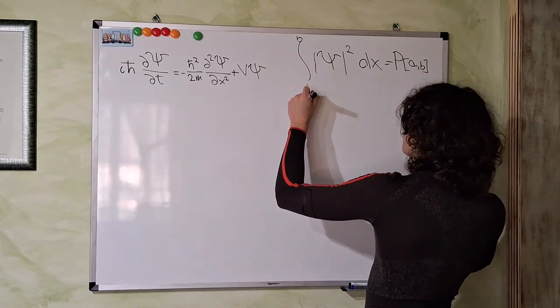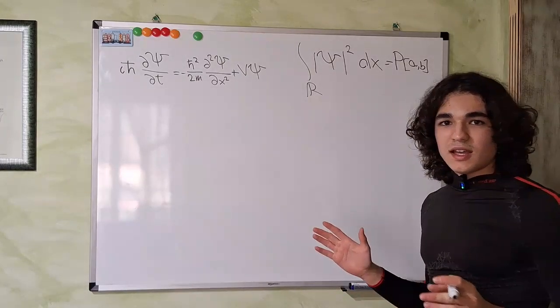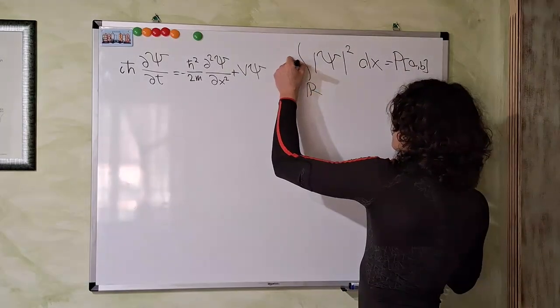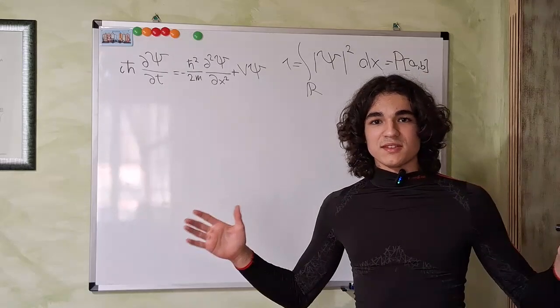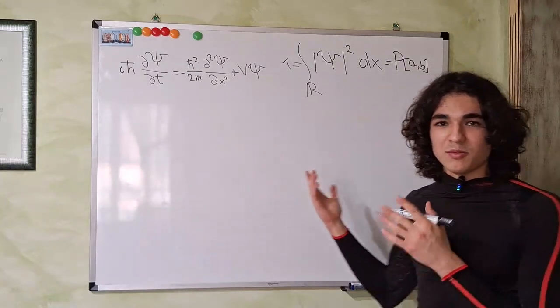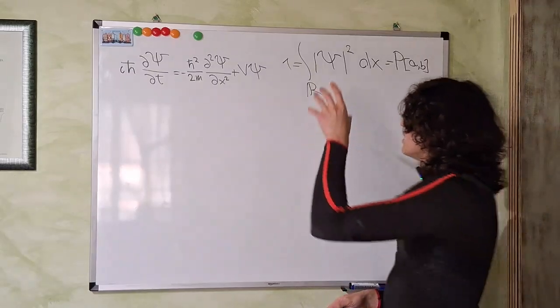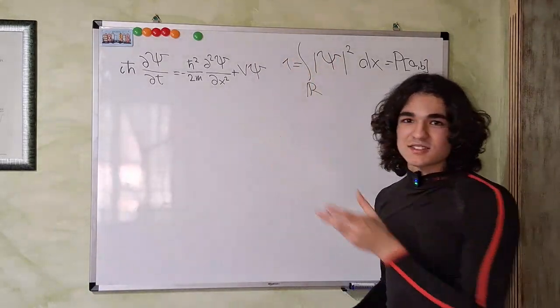This means that when we integrate the function over the entire space, we should get 1, because the particle has to be somewhere. The total probability of finding the particle in the universe, in the entire space. Now we're doing one-dimensional quantum mechanics, but over the entire space, the particle must exist somewhere.